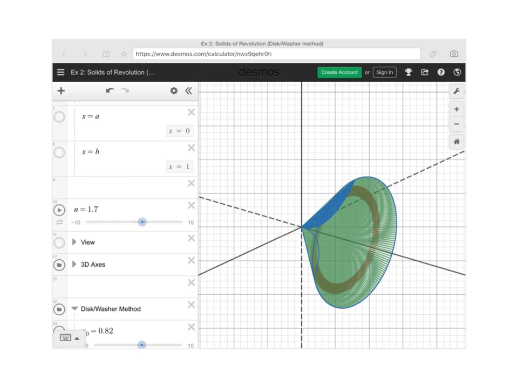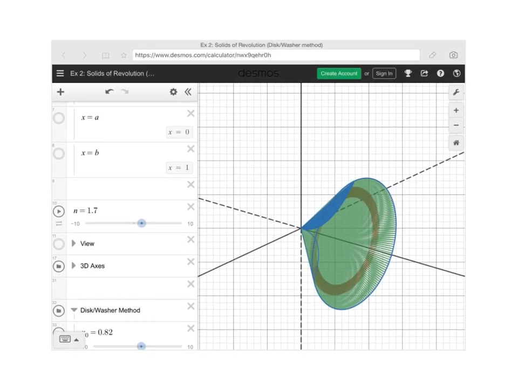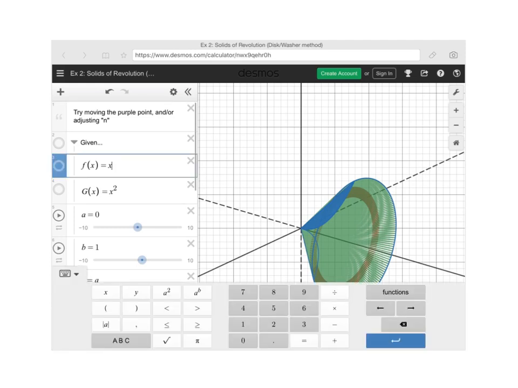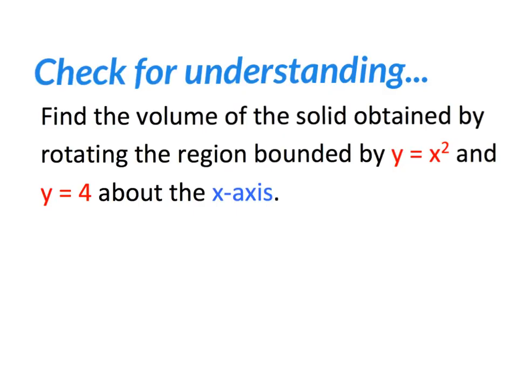What's nice, especially with the homework problems, is you can change those functions here. You can change manually what it's in terms of and the bounds down below with the sliders, or change those values to whatever homework problem you're coming across. So this should hopefully help you out, since visualizing what's going on here is a difficult thing.